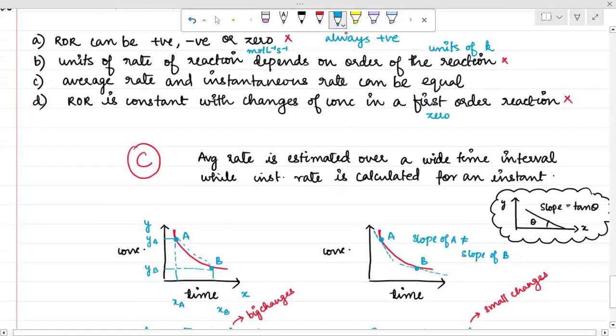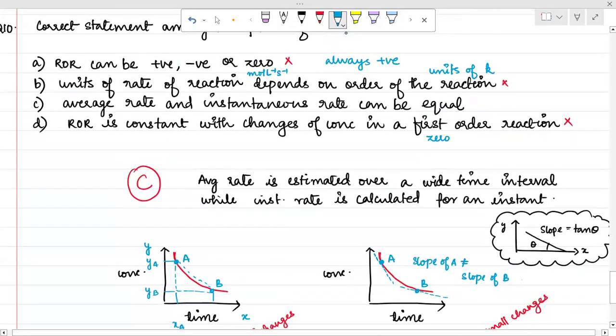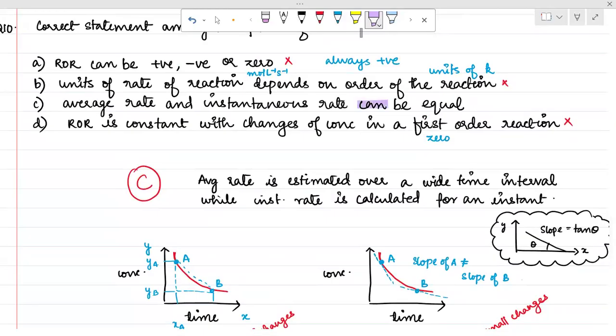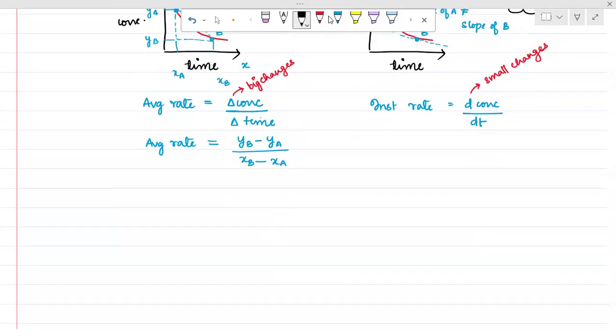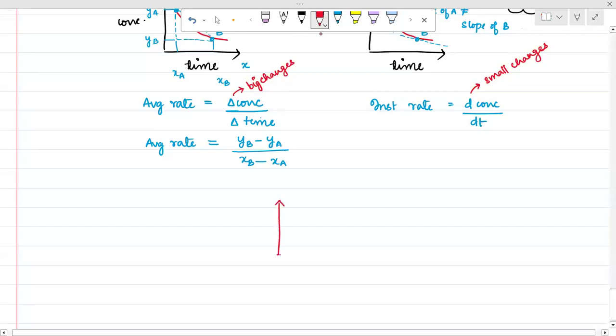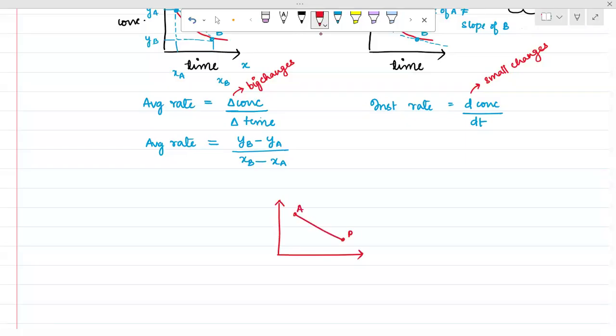But see the option. What is the option? The option is average rate and instantaneous rate can be equal. Can be. It's not must be. It is can be. When can it be equal? Let's say this is point A and this is point B. This is my change of concentration and this is my change of time.